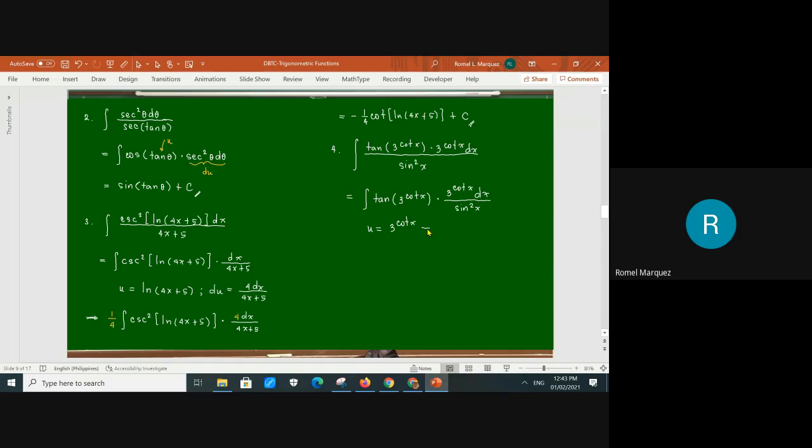What is its du, guys? The derivative is 3 to the cotangent x times the derivative of cotangent, negative cosecant squared x. Am I right, guys? Or what else?